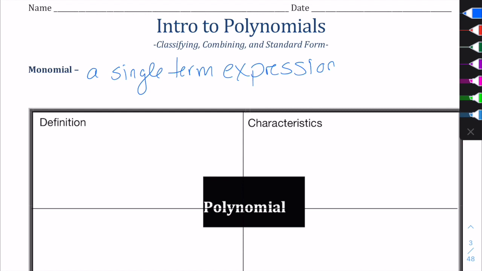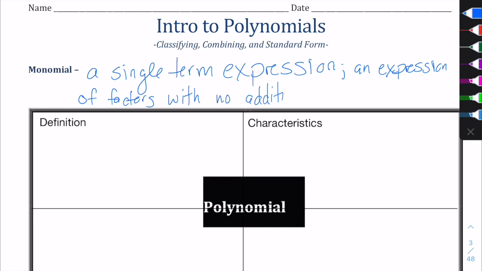So we could also say an expression of factors with no addition or subtraction. So something like 3x to the fifth. That's a monomial.